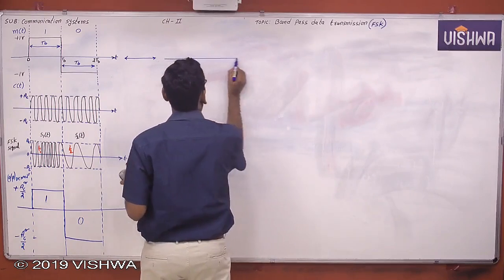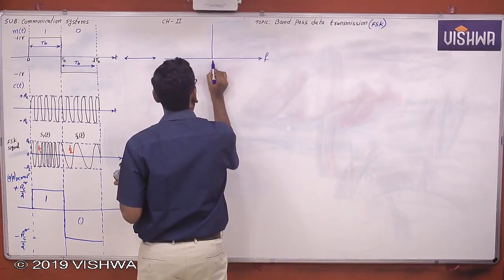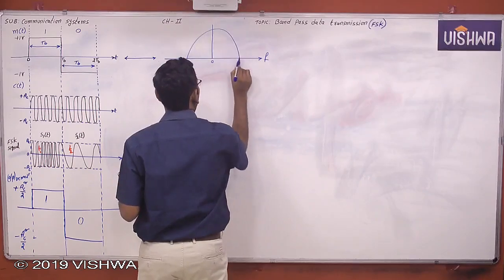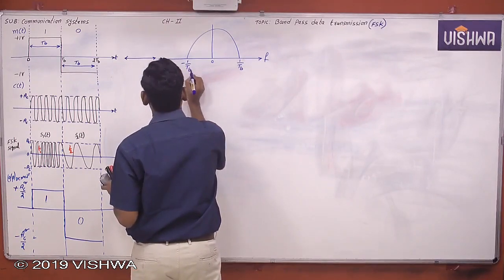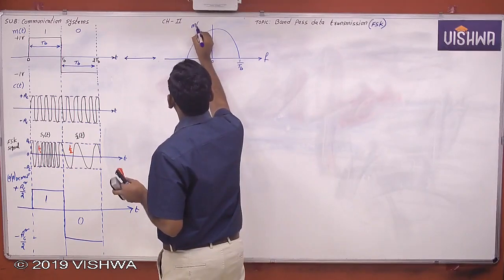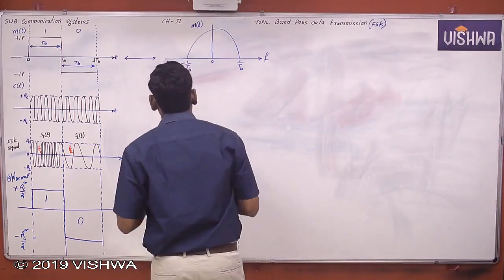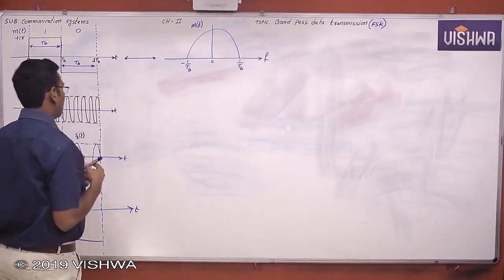Pulse width is TB, so bandwidth is inversely proportional to pulse width. This is a rectangular pulse whose Fourier transform is inversely proportional to pulse width.